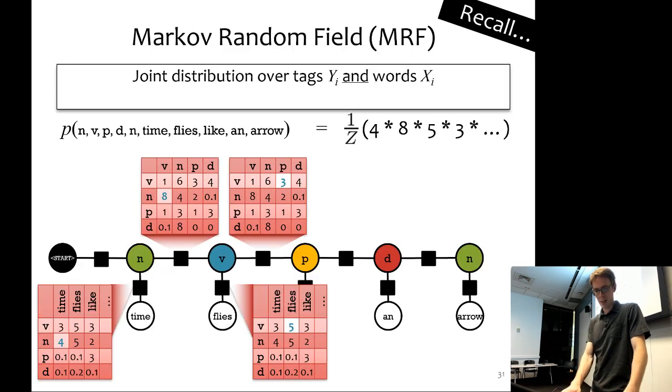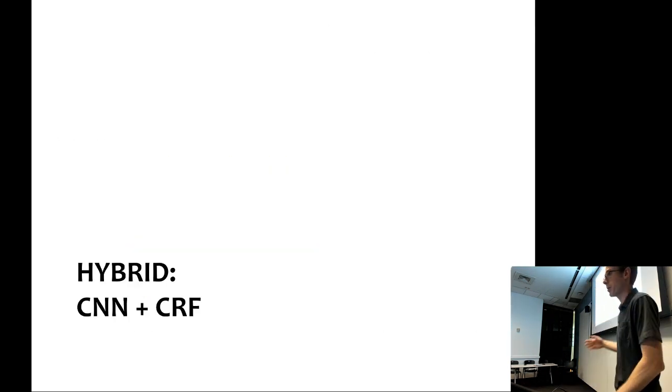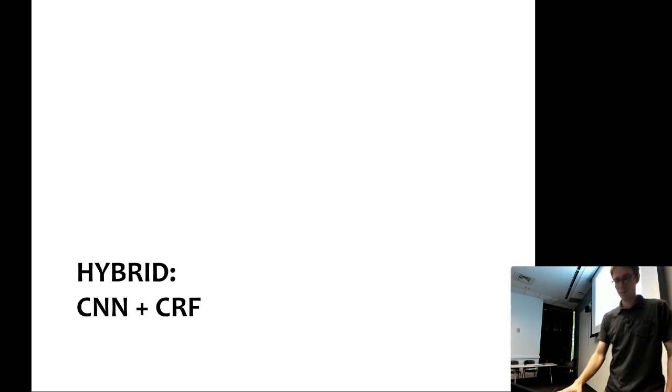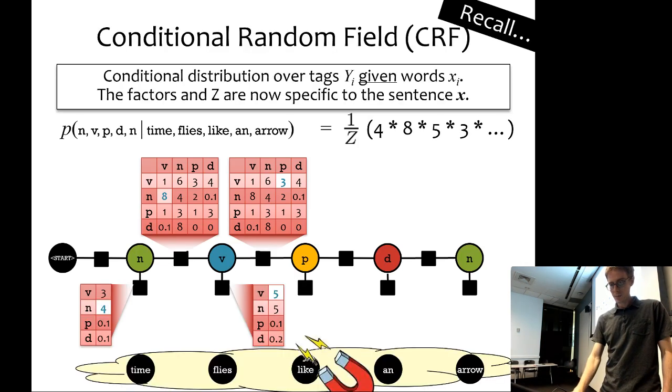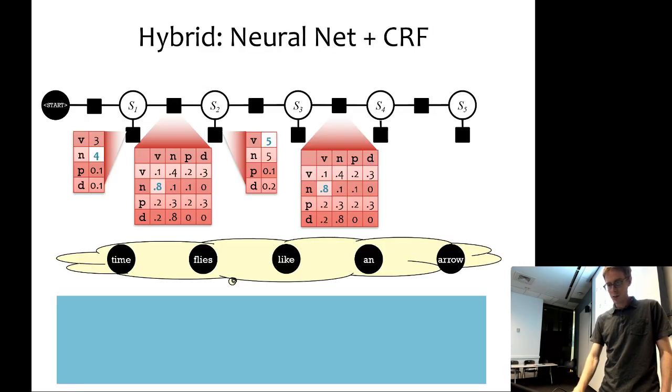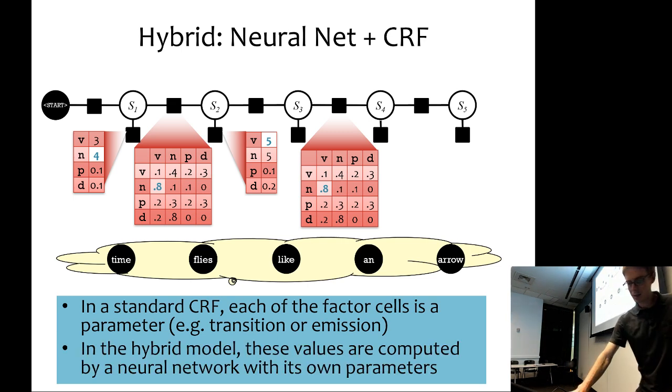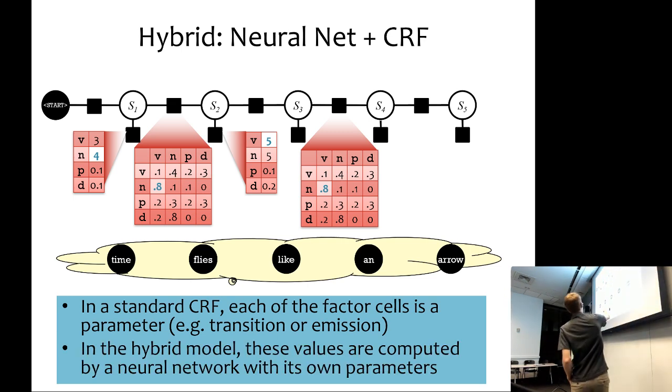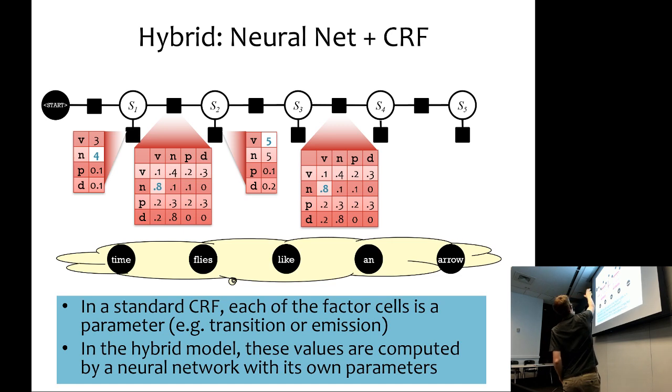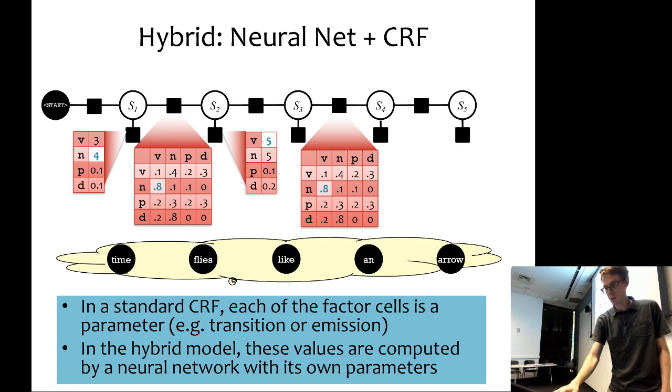So here we could also think about taking, say, a convolutional neural net and combining it with a conditional random field. To do that, we would say that, in a standard CRF, each of the factor cells is a parameter, right? A transition or an emission parameter. So in the hybrid model, these values are actually computed by a neural net with its own parameters.